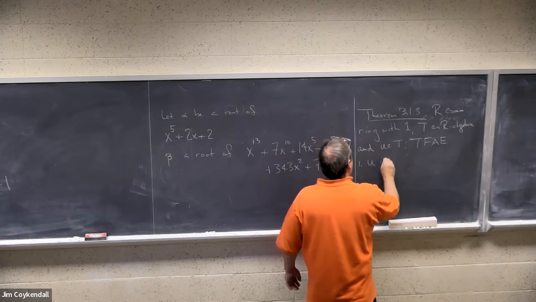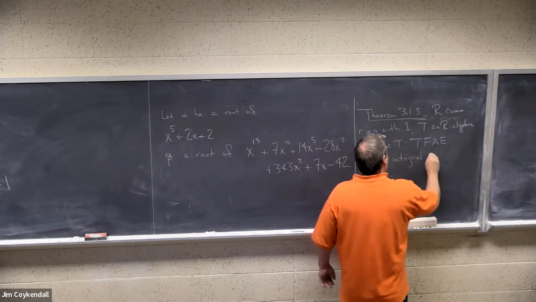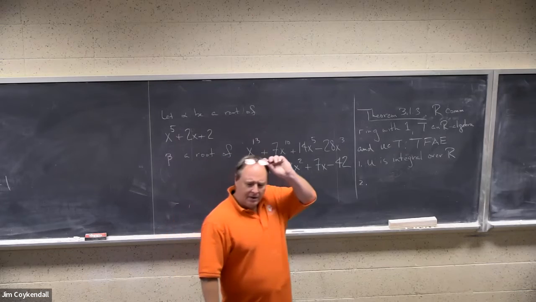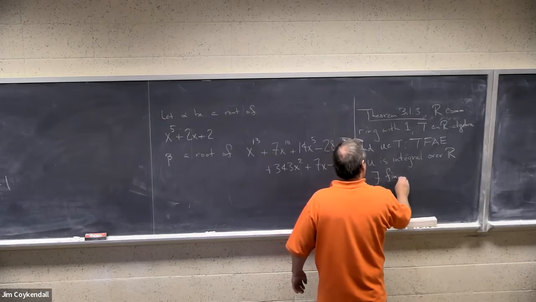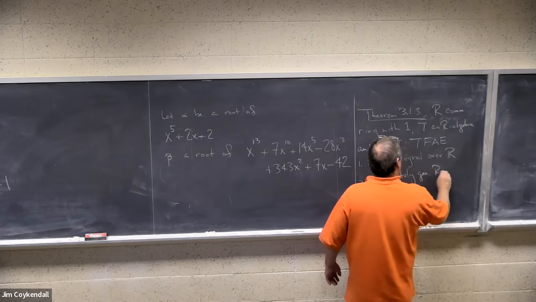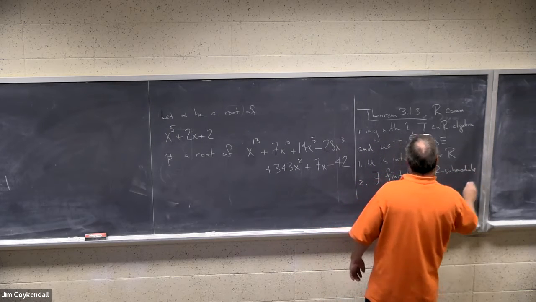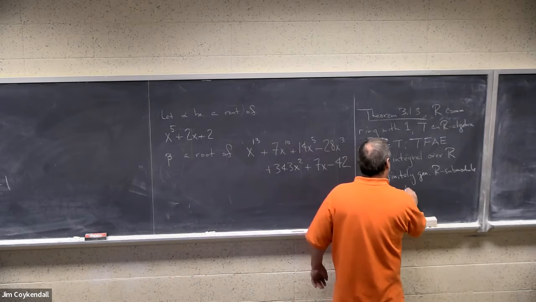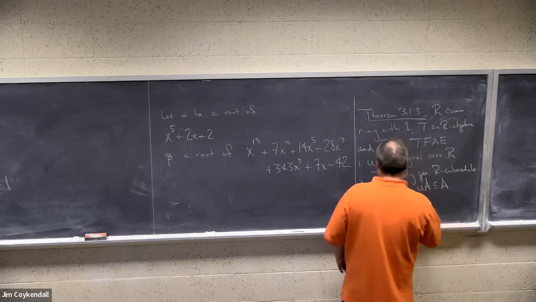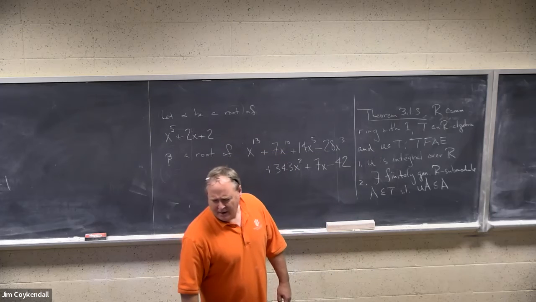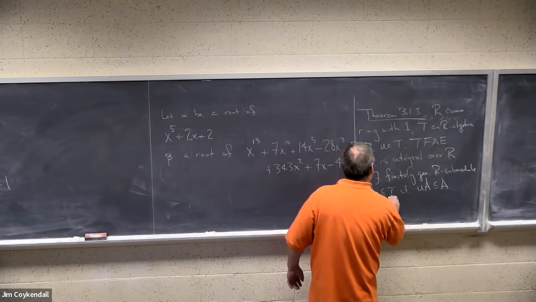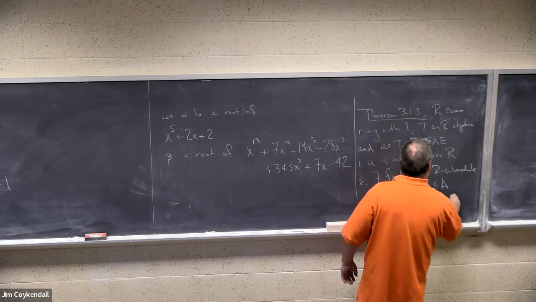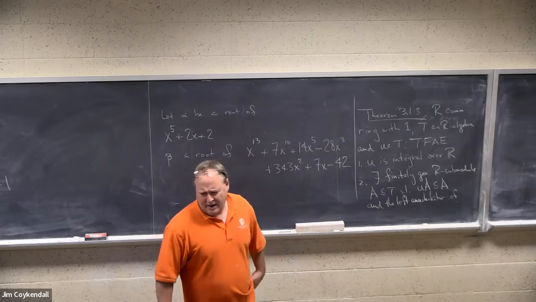Number one, u is integral over R. And two, there's a finitely generated R-submodule A contained in T, such that uA is contained in A. And here's the technical condition: the annihilator of A in T is 0.